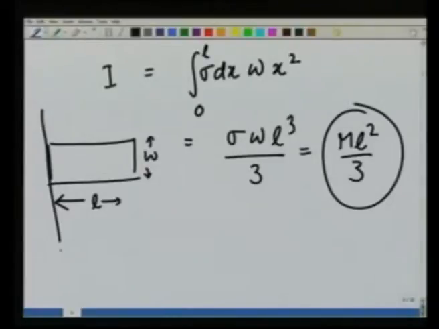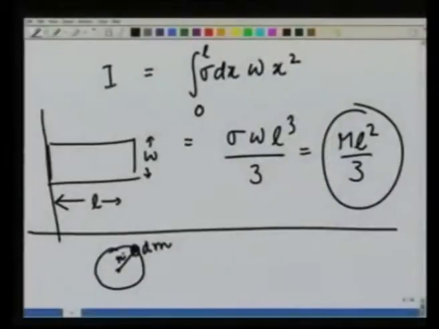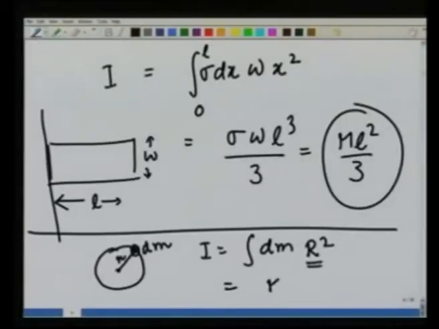As a second example, let us take a ring of mass m and calculate its moment of inertia about its center. Then if I take any mass dm here, all over the periphery the mass is at the same distance from the axis r, and therefore, I is going to be dm times the radius square integrated, r is a constant, so it comes out to be m r square, another familiar result.